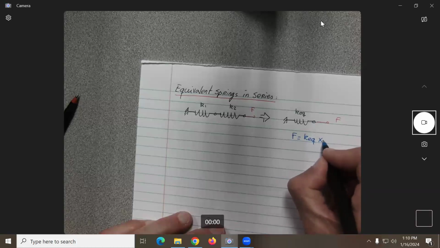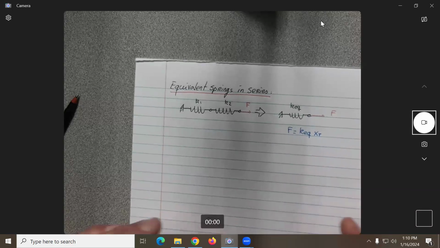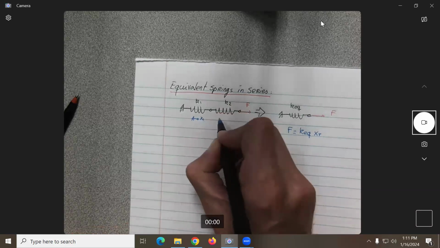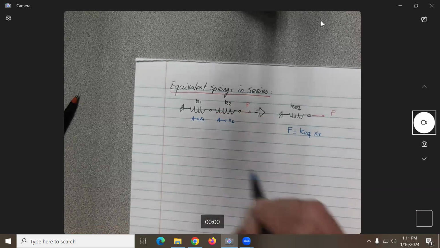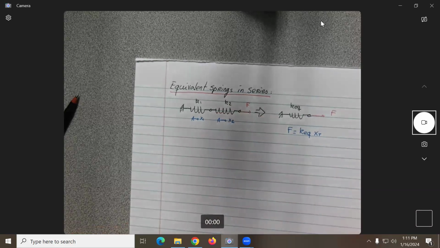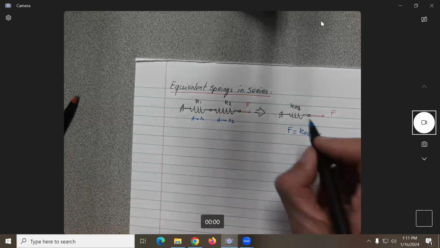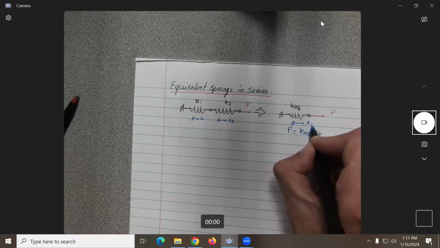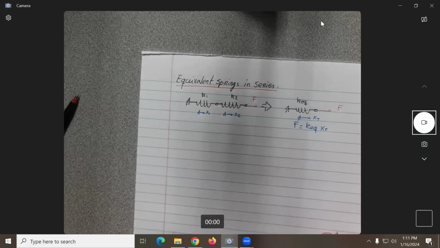Let me call this one XT for X total, you will understand why now. So let's say over here that this spring is going to move a distance X1. And this one can move a distance X2, no? And this one will move a distance X2.